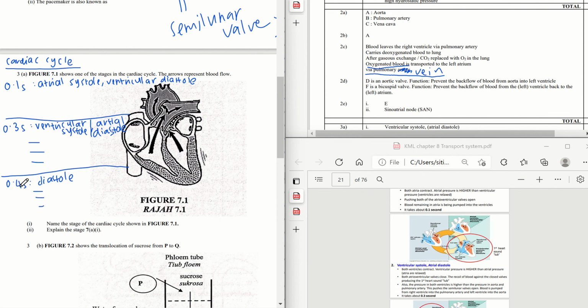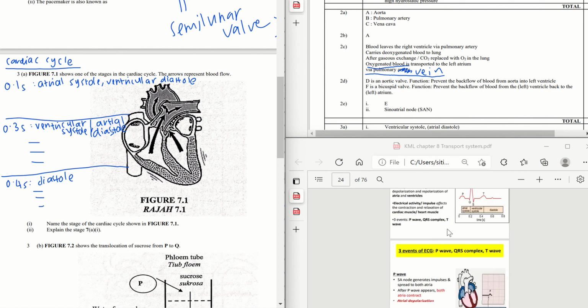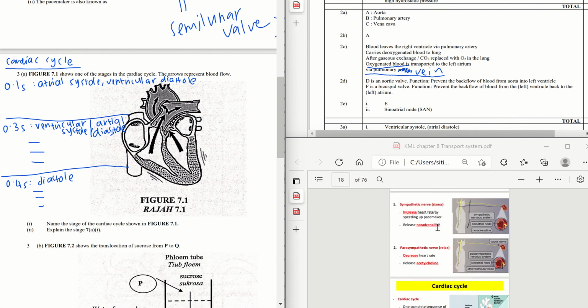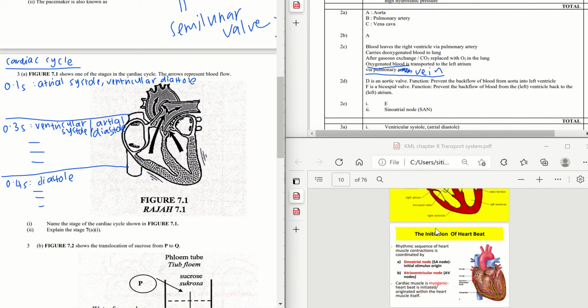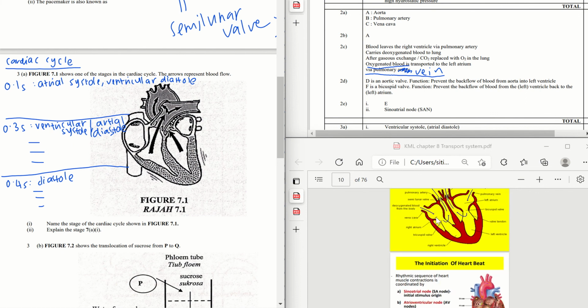And the next 0.4 second, both ventricle dengan atria diastole. Okay, saya refer gambar. So kalau you tengok dalam gambar ni, atria dengan ventricle dua-dua tengah relax. Okay, so soalan ni dia kata figure 7.1 dalam gambar rajah ini is one of the stages, salah satu stage.